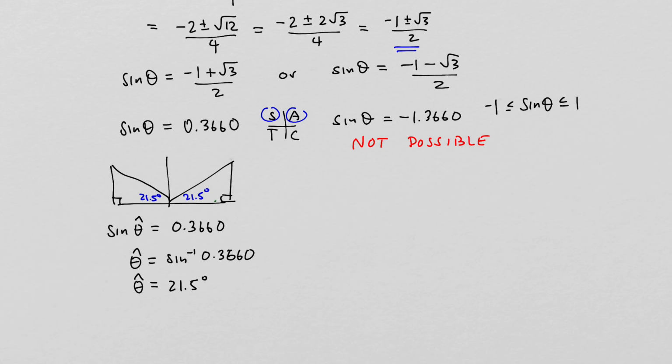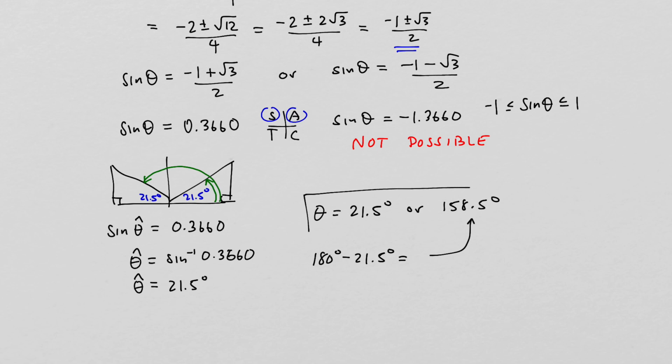So as for the values of theta, one value of theta is 21.5 degrees. The other value of theta is this value. And to get that one, we take 180 and we subtract 21.5 degrees. And if you do that, you get 158.5 degrees. So our two possible solutions are 21.5 degrees and 158.5 degrees.